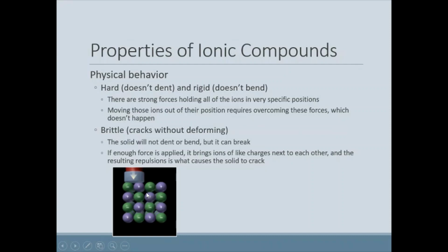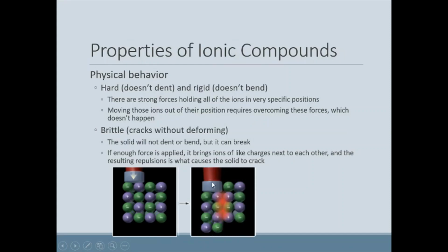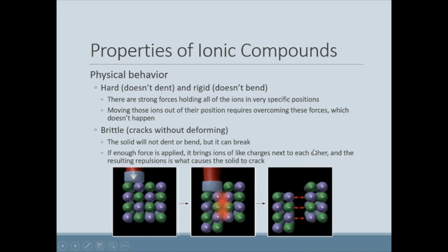The only thing that ionic compounds can do is, if you put extreme force on it, if you smash it hard enough to break it along this line, now you have positive sitting next to a positive and negative next to a negative, and those things will immediately repel each other. That is actually what leads to cracks in these ionic complexes.